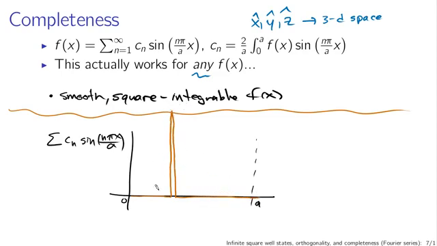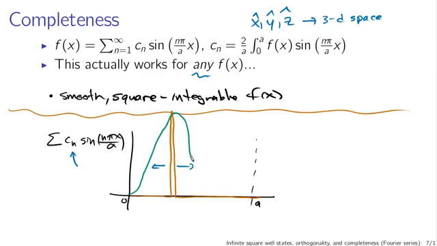And I can make these functions wherever I want by suitable choices of this Cn. So if I change Cn, I can change the position of this spike. And I can make this spike as sharp as I want, and as tall or as short as I want.